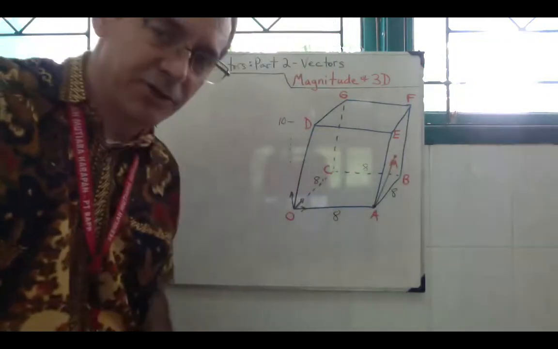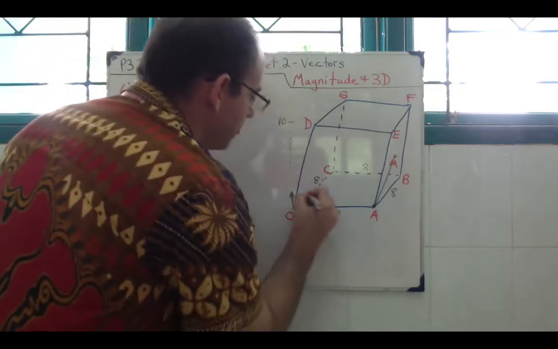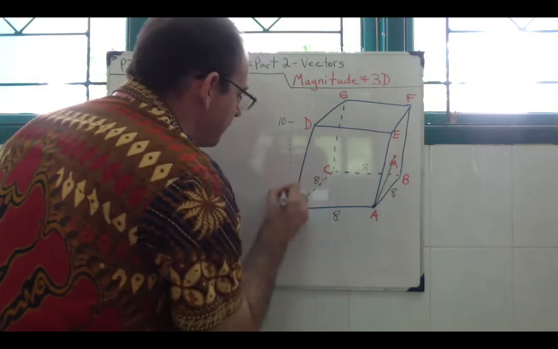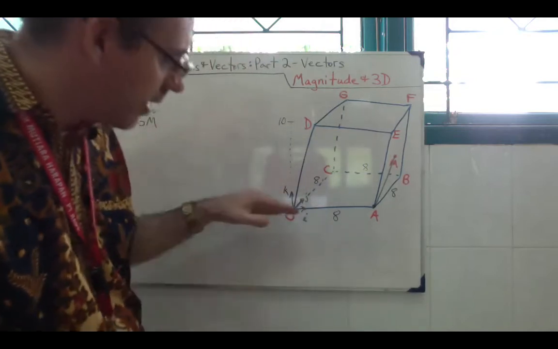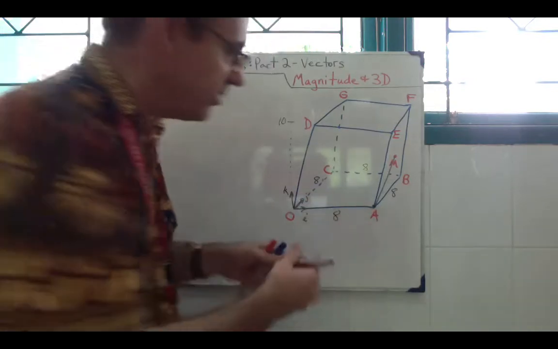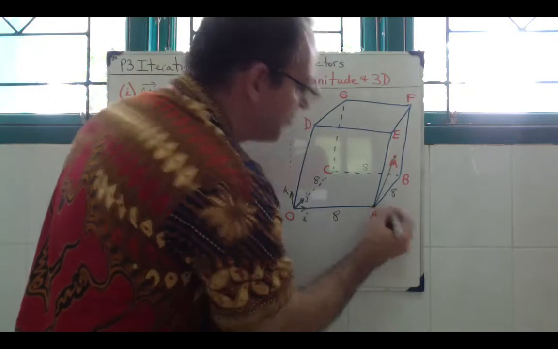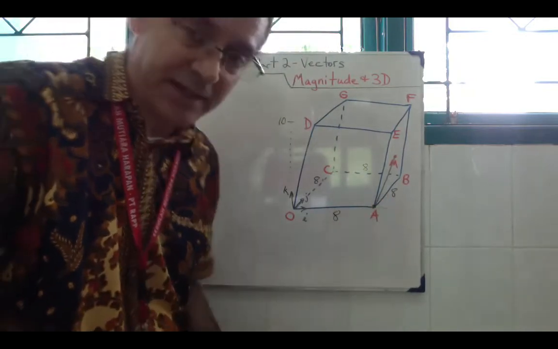So what you want to do is you want to go through each axis separately. Don't try to do it all at once. Look at each axis separately. So along the I-axis, how far am I going out in this direction in order to get from A to M?